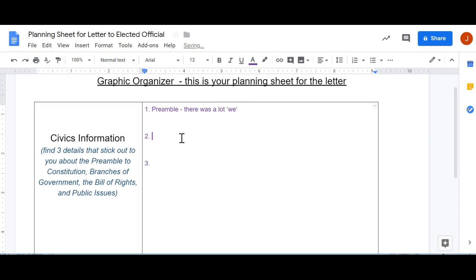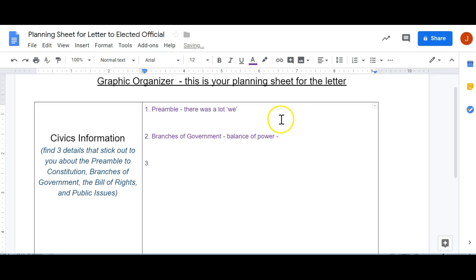Okay, my second piece of information that I want to write down comes from the branches of government. And what I noticed here, what sticks out in my head, is that the branches of government is all about the balance of power, okay?